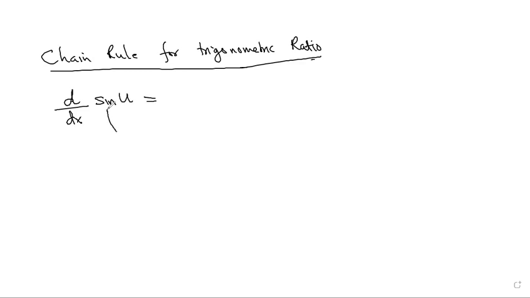What will happen? Sine will change to cos and angle remains same, into a new term, derivative of the angle.